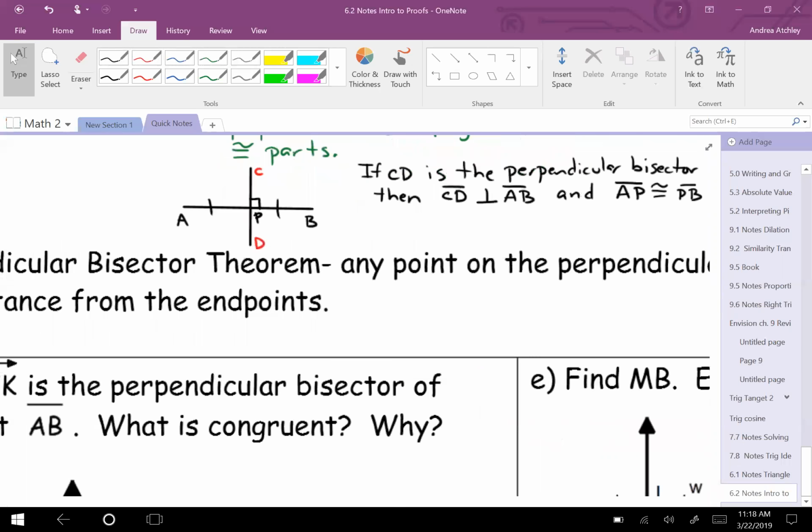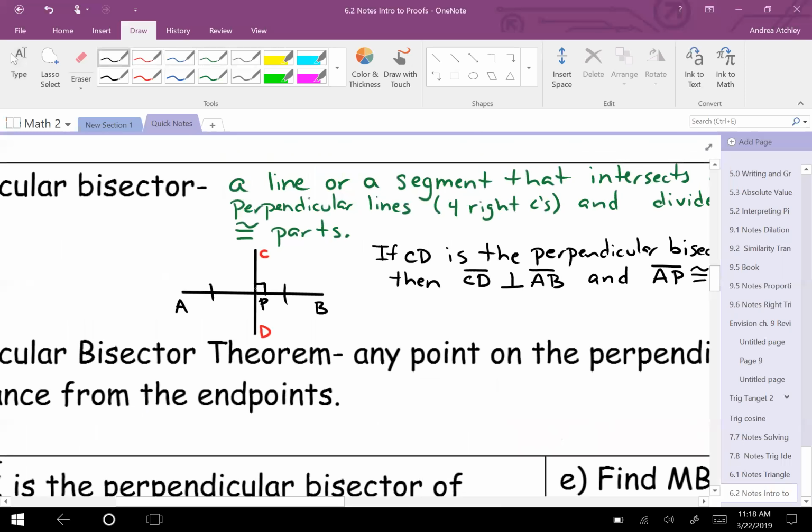Okay, so now what they're saying is if I put a point on segment CD, so let's put a point somewhere on there, it doesn't matter where, and let's label it M. If I draw the segment to the endpoint and do the same thing on the other side, then I would say that AM is congruent to MB.